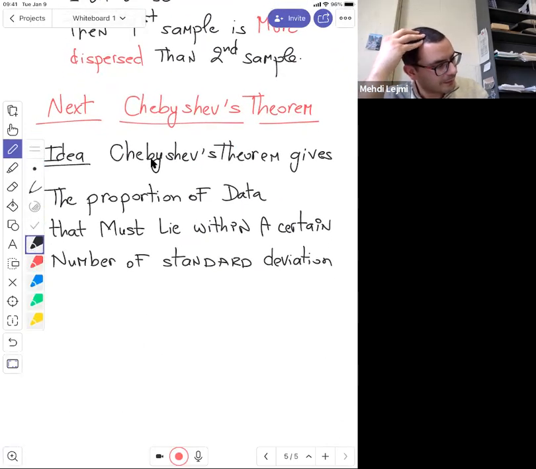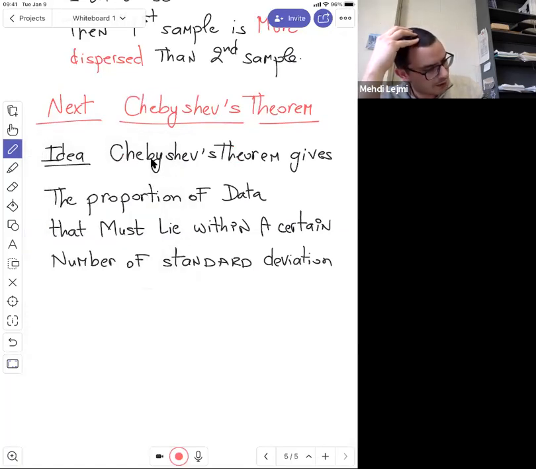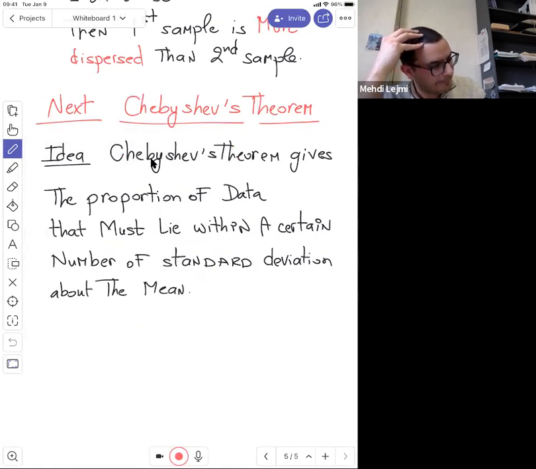So this Chebyshev theorem is going to tell you exactly the proportion of data that must lie within a certain number of standard deviations above the mean.